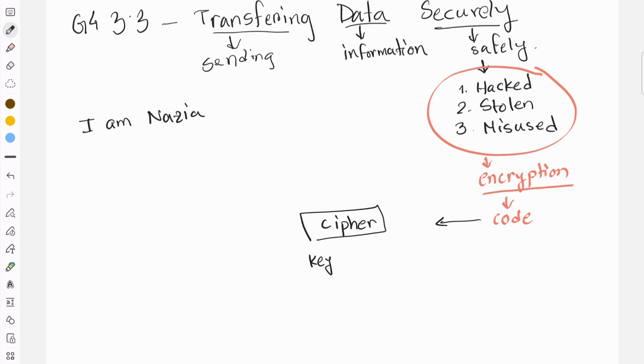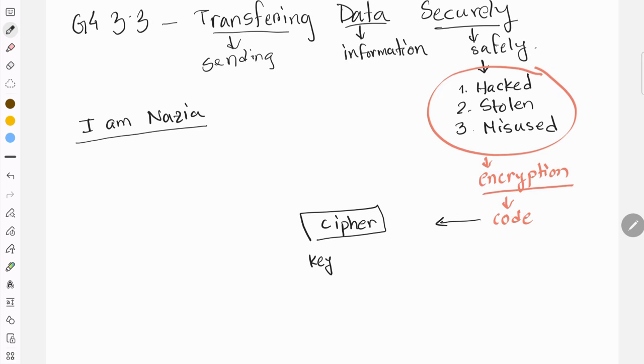I don't want that to happen. I want it to be safe and secure so that no one other than my friend can read it. So what will I do? I will use a cipher. I will use any sort of cipher I want and turn this message into an encryption.